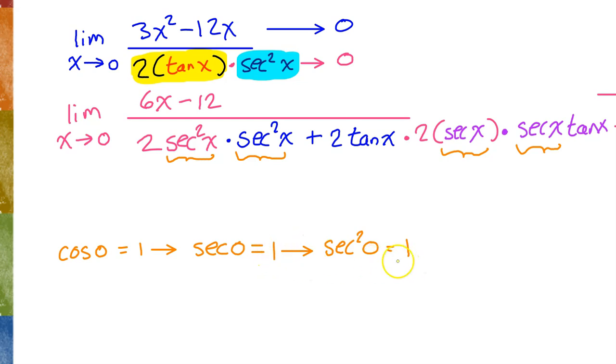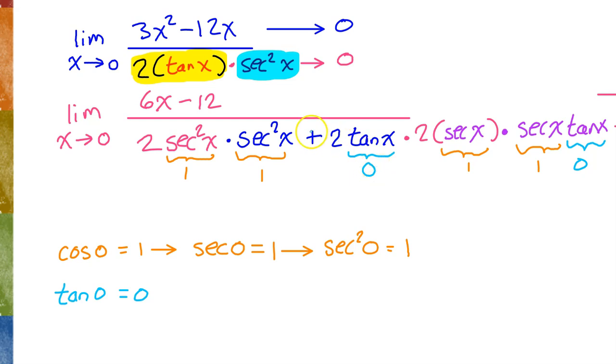We're just squaring 1. So if you do direct substitution and plug in 0 for all of these x's, everywhere you see secant squared, that's going to be a 1. And everywhere you see secant, that's going to be a 1. Also, the tangent of 0 is 0. So when you plug in 0 here and here, you're going to get 0 for these factors.